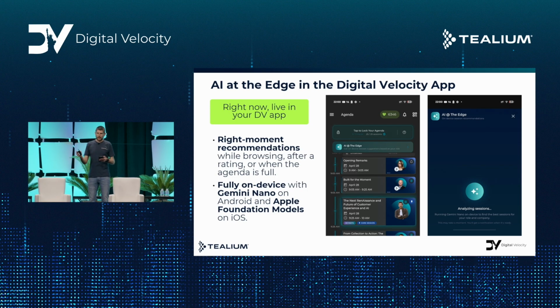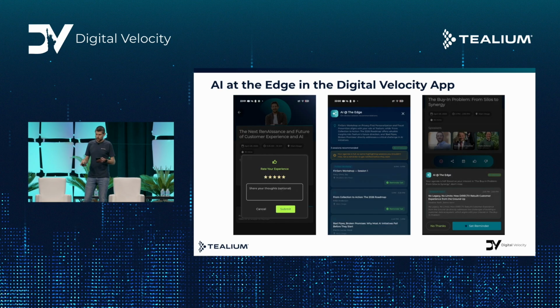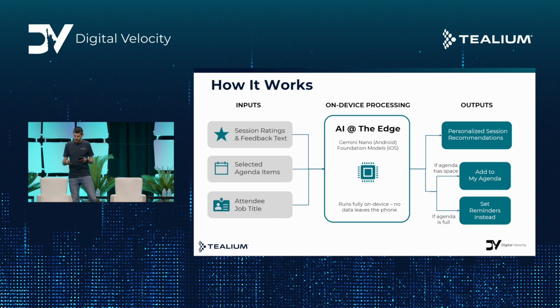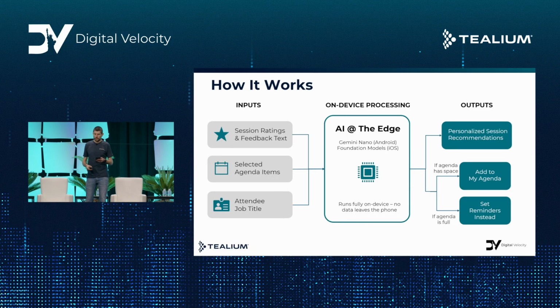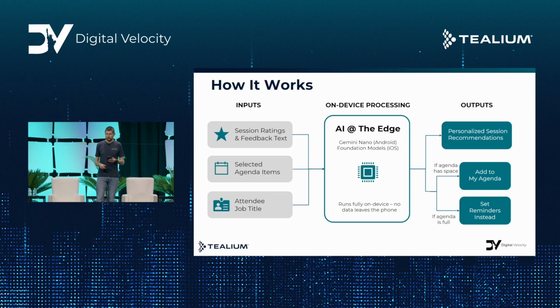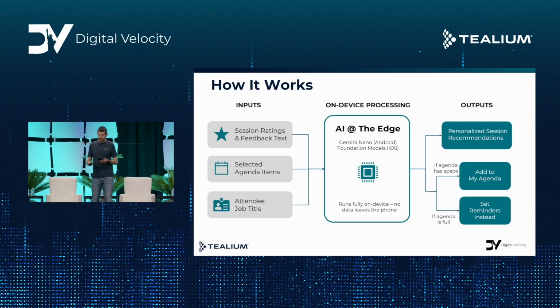And it's coming back within a few seconds with a real-time recommendation, and you'll see the actual recommendation, the reason that it chose those sessions. So we're taking all of the inputs from the events and the context that we have on the device, running it through the AI processing, and then giving you back real-time information.